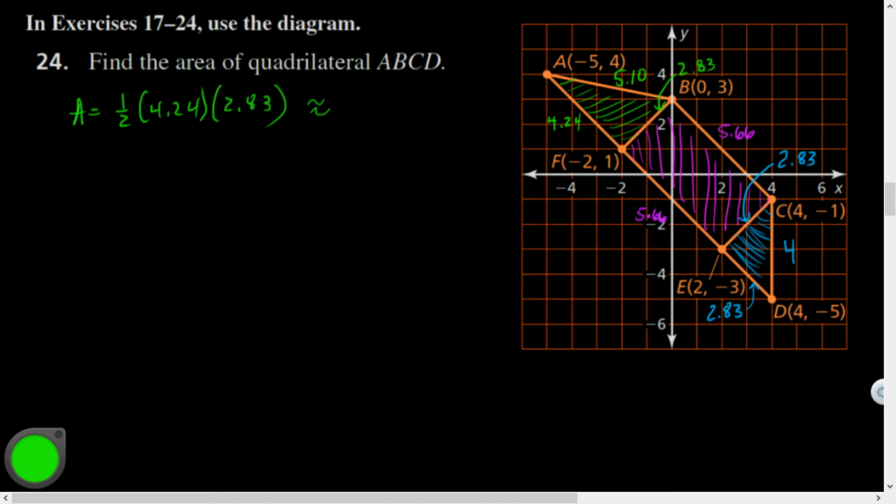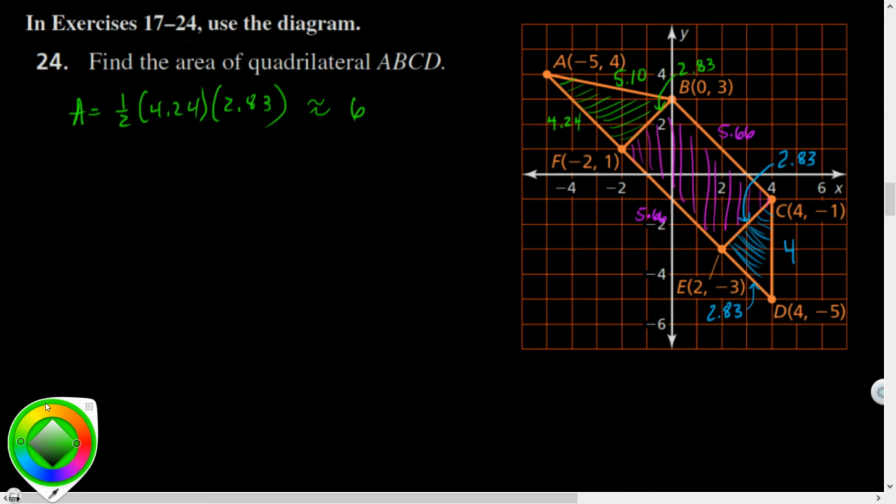Wow. I thought I was going to be fast, but I'm not. Wow, it's claiming this is exactly 6? Interesting. Well, anyways. Tell you what, I'm going to verify it anyway. 4.24, because these are truncated decimals, it won't be exactly 6.